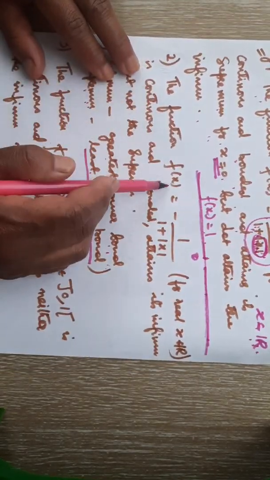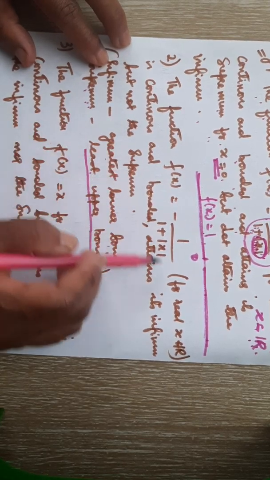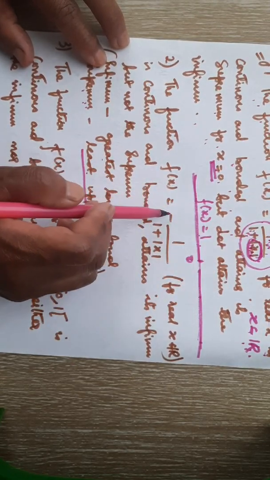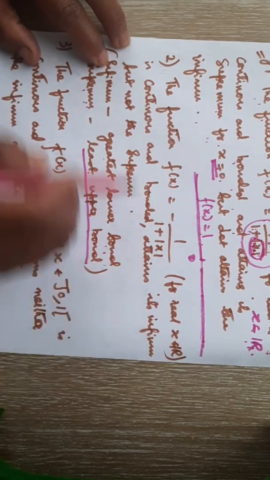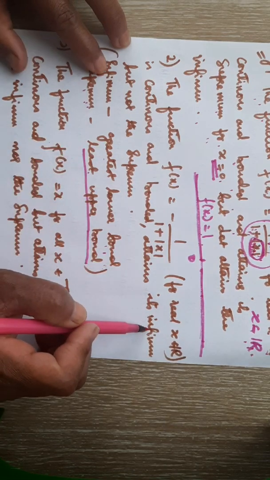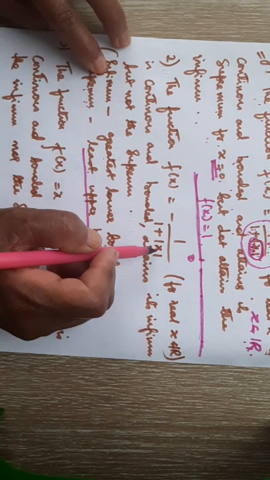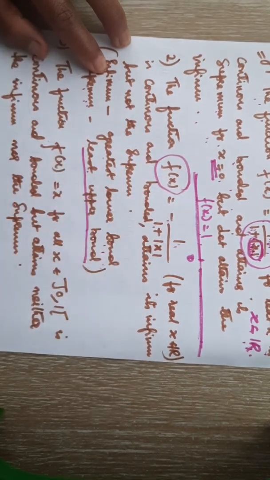Now next, the function f(x) is equal to minus 1 by 1 plus mod x. This is continuous again, similar to this one. It is continuous and bounded, but attains its infimum only, not the supremum. In this case, it will attain its infimum when x is equal to 0, when it becomes minus 1, the least value of f(x).